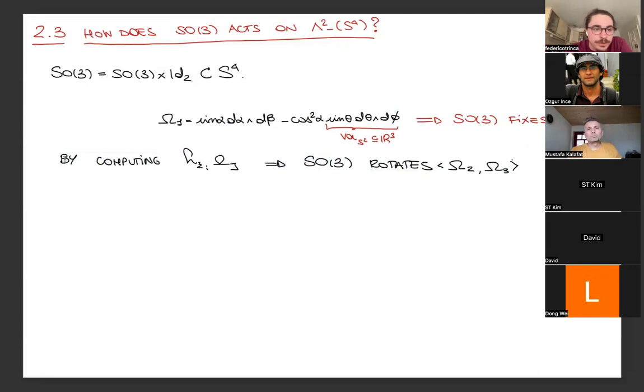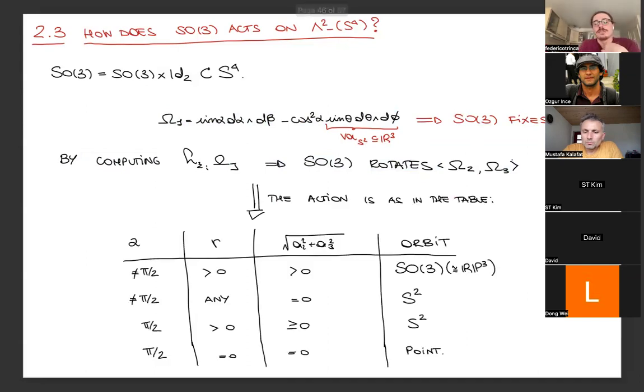So what we are left to compute is how the SO3 action acts on omega 2 and omega 3. And what you can check is that this SO3 action rotates omega 2 and omega 3. So in other words, let me put how this action works in a table.